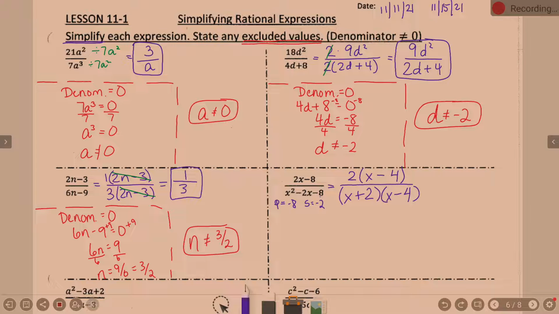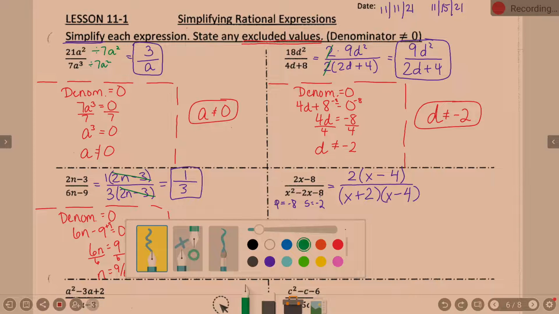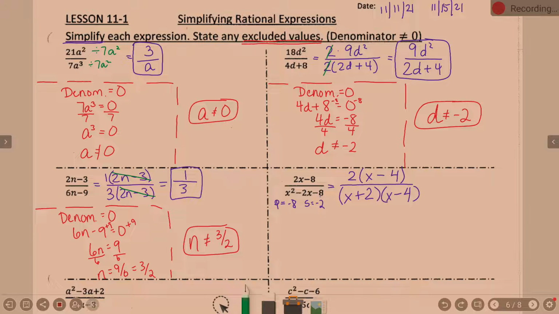Now, what we hope happens when we factor is that there are like factors that can cancel. Do you see like factors that can cancel? I don't see two 2s.